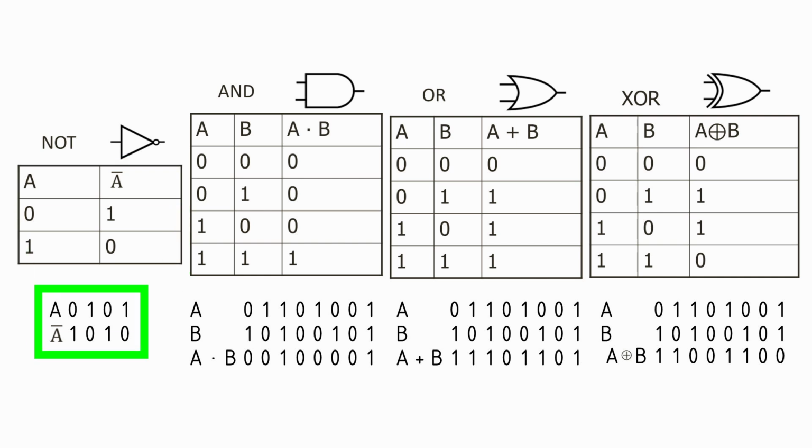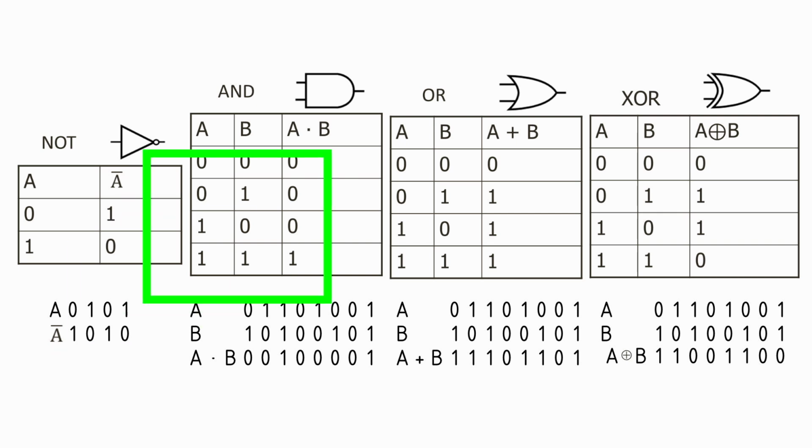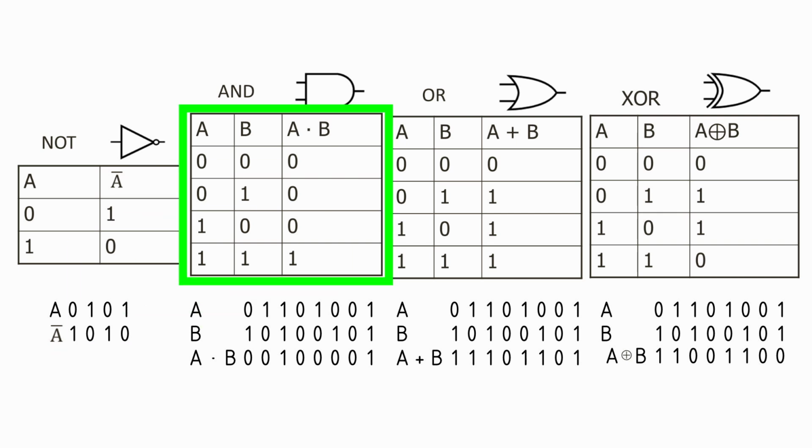Down here I show a more complicated example. I have 0, 1, 0, 1. You can see the output is the opposite in every case. Next I'll look at the AND. Each of these logic functions are fully defined by the truth table. So these boxes underneath here are called truth tables, and they define every possible combination of inputs and outputs.